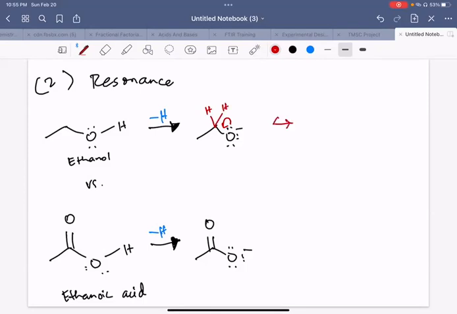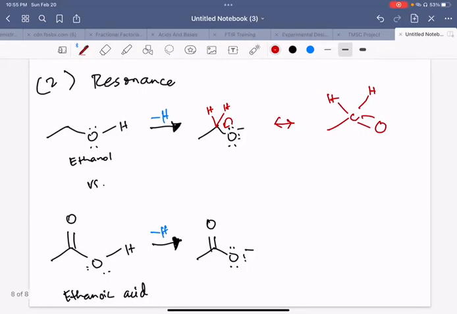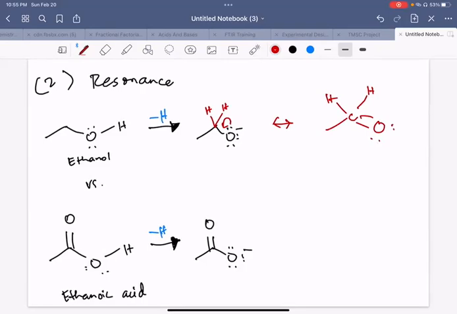And if you draw a resonance, don't tell me that you will have a carbon that is pentavalent. That's impossible. You have 2, 4, 6, 8, 10 electrons shared. No, that's impossible. There should always be 8, and that's the octet rule. So resonance cannot happen. There is no resonance.